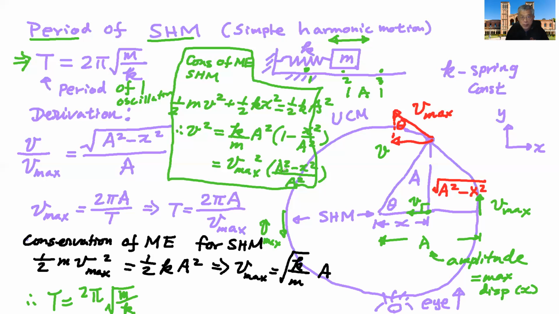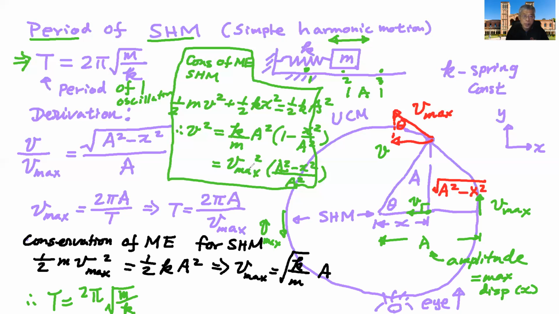And that indeed is the same as this equation here. So you can see this geometry through the UCM and SHM relationship can also be derived from the conservation of mechanical energy for the SHM case. All right, so you can see the relationship in this fashion.